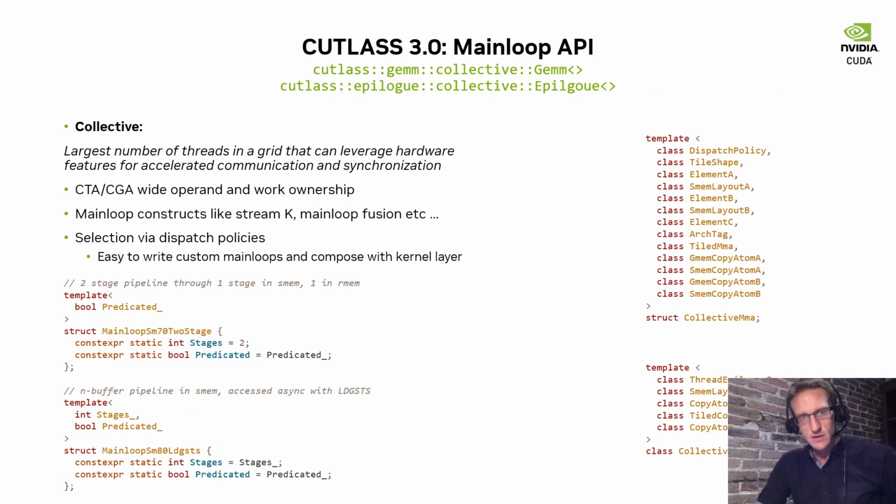Right below that is the CUTLASS 3.0 main loop API, where we can select which main loop we would like to execute. A main loop is principally a collective of threads working together and potentially synchronizing.